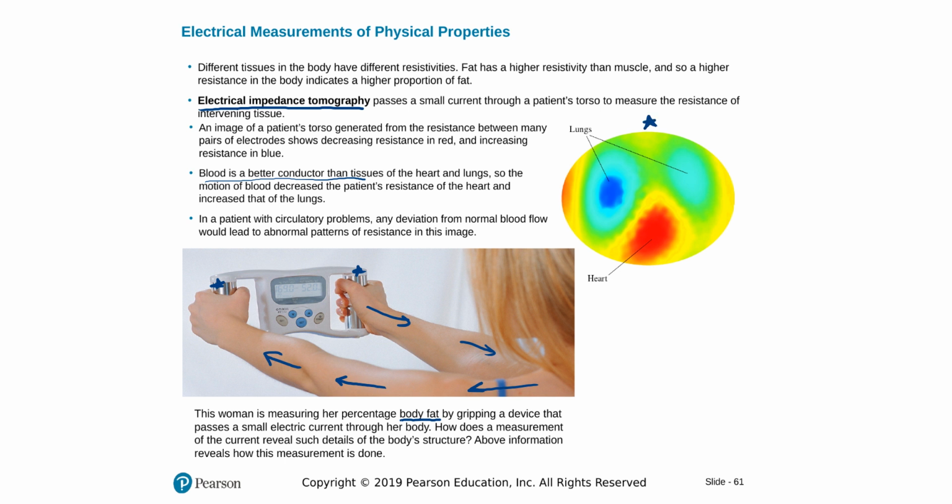For example, here in the chest, the lungs will have high resistance, and the heart will have low resistance because of the blood. And it is mapped. Red here is showing low resistance, and so on.